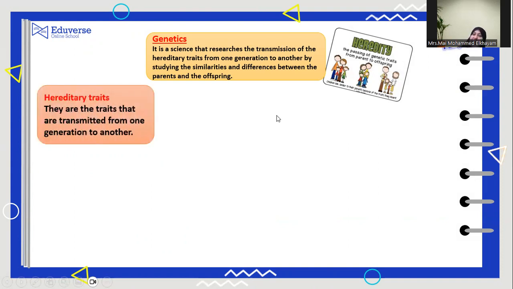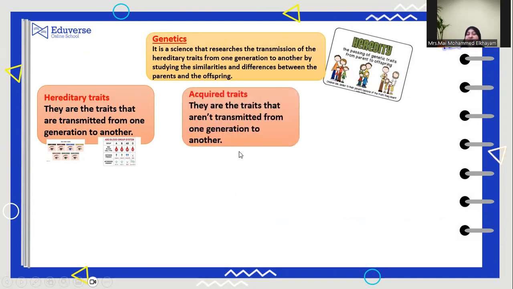Hereditary traits. First, we have to introduce the meaning of hereditary traits. These are the traits that are transmitted from one generation to another, like skin color, eye color, height, blood groups, and so on. While acquired traits are those that cannot be transmitted from one generation to another.